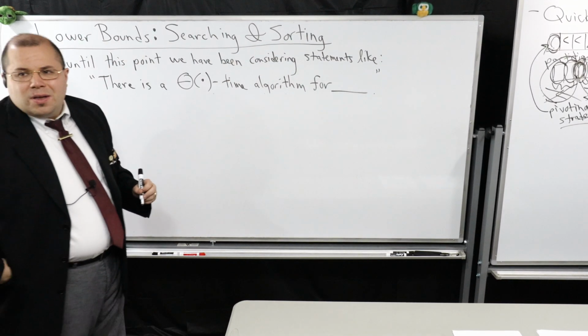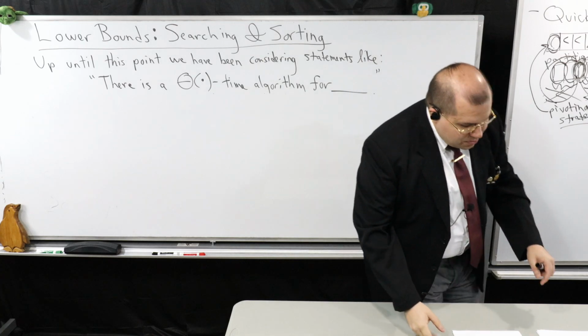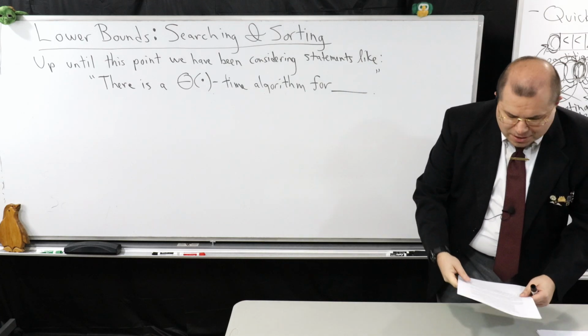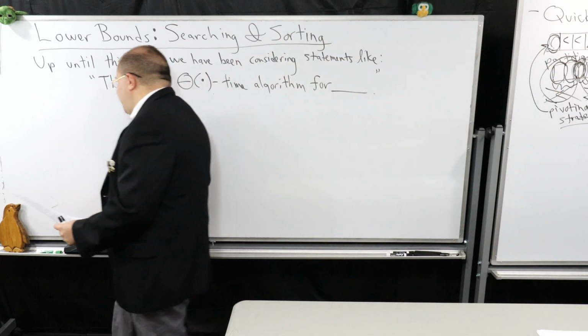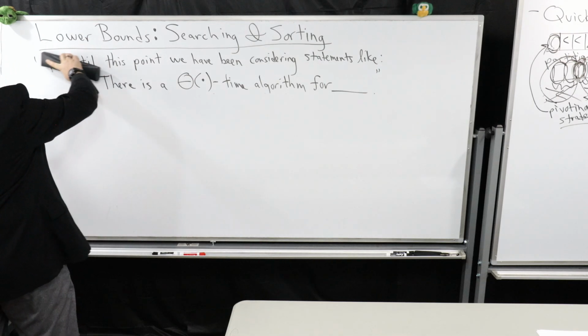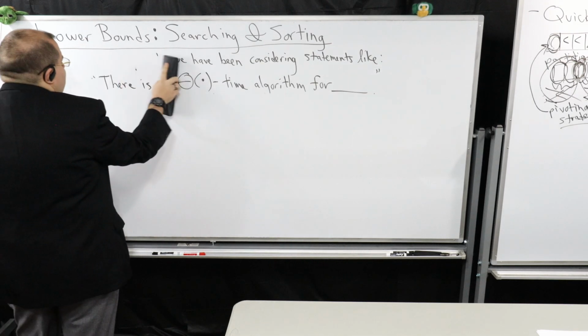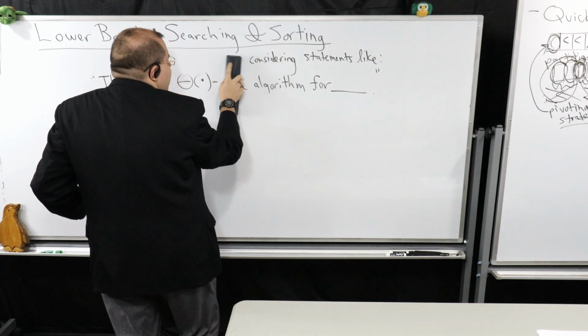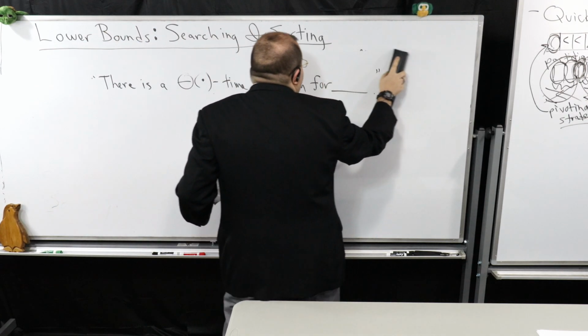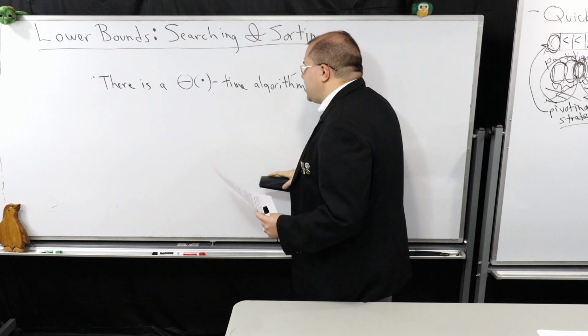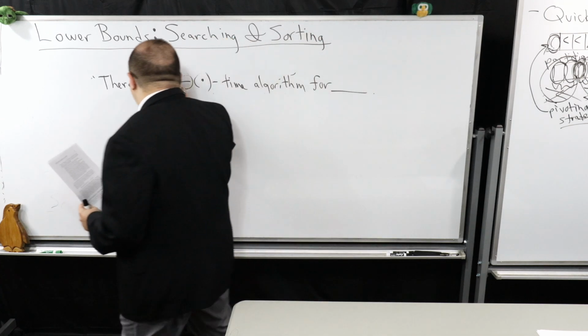Okay, so if I wanted to talk about lower bounds, I'm going to switch around this question a little bit. Instead of asking questions about there being an algorithm that does this thing and asking about the best known algorithms we have, I want to say the following.